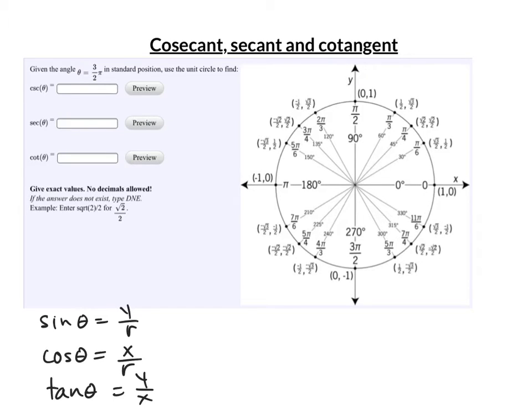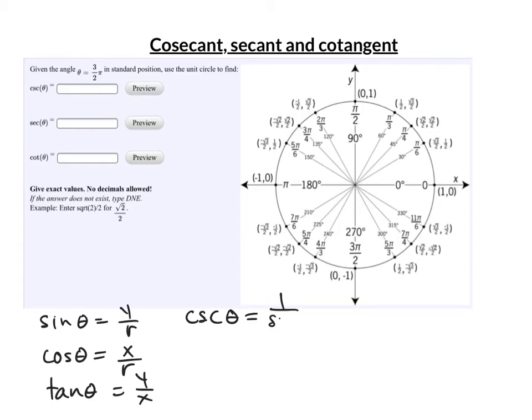So what we're going to do now is talk about cosecant, secant, and cotangent, and these are all just reciprocals of sine, cosine, and tangent. In fact, the cosecant, by the way, that's CSC for cosecant. The cosecant of theta is the reciprocal of sine.